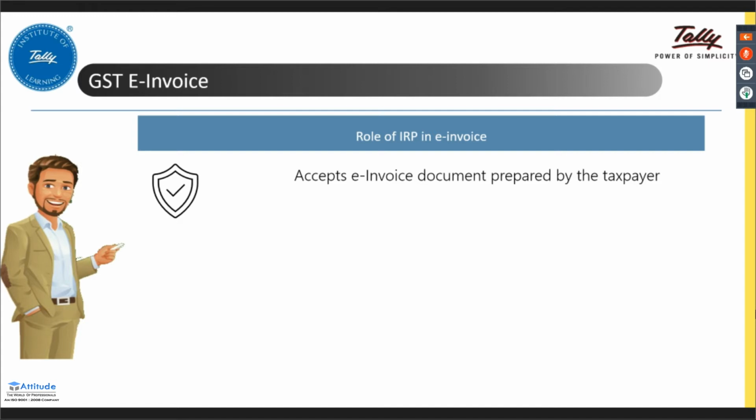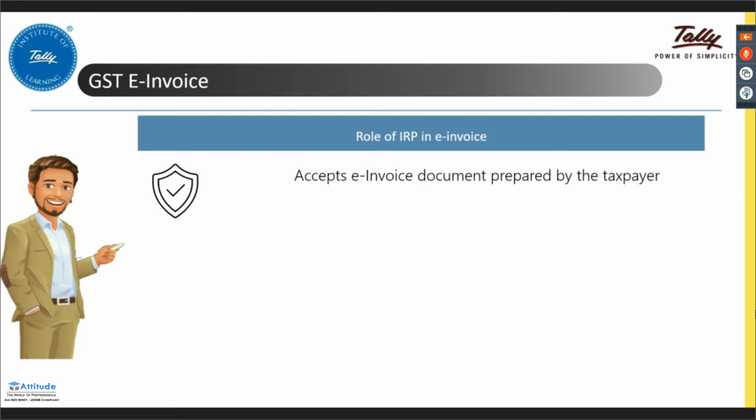Say, for example, I am running a business and my turnover exceeds 100 crores, then e-invoicing is applicable from 1st January 2021 onwards. Then I have to log into the IRP portal and register myself for issuing the e-invoices.